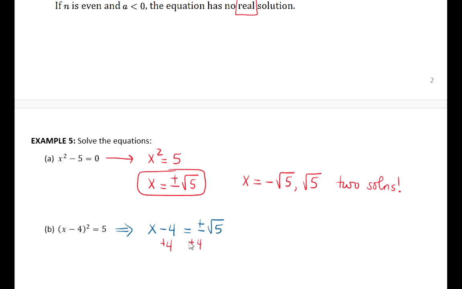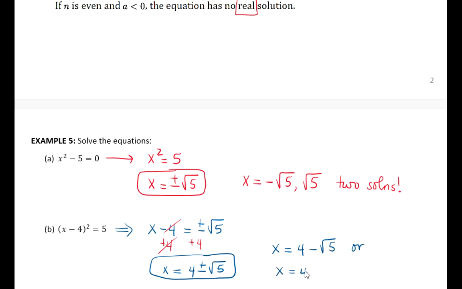That's a radical expression, and that's a whole number. So these two will cancel. So I got x equals 4 plus or minus square root of 5. We just write this as x equals 4 minus square root of 5, or x equals 4 plus square root of 5. I'm going to write them separately.